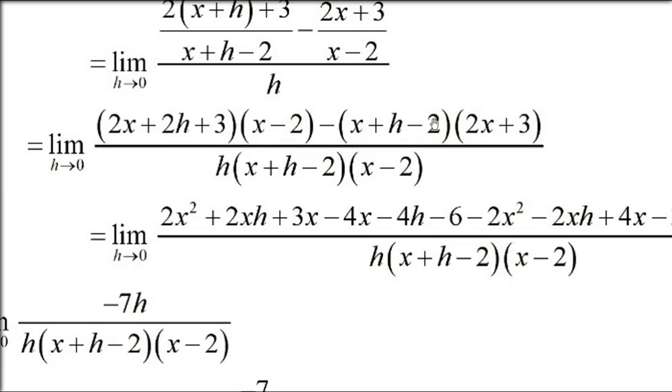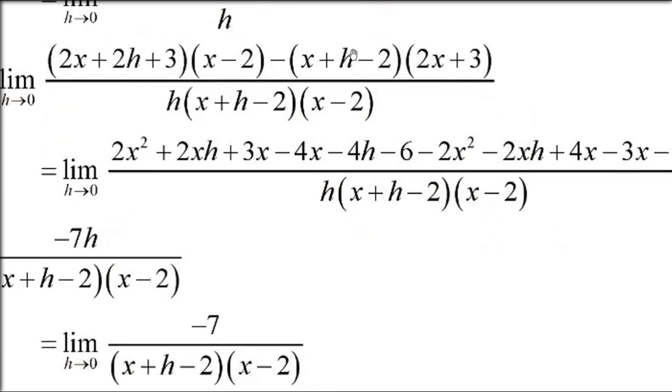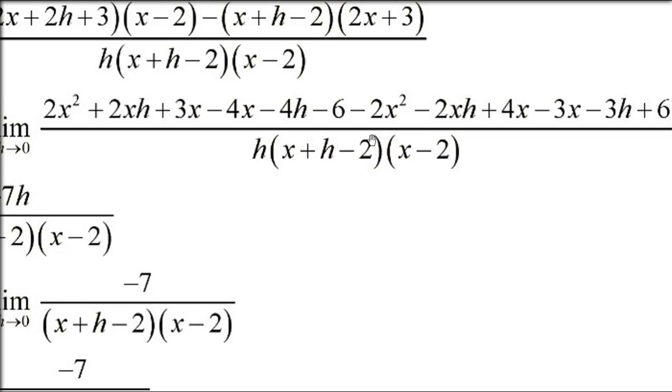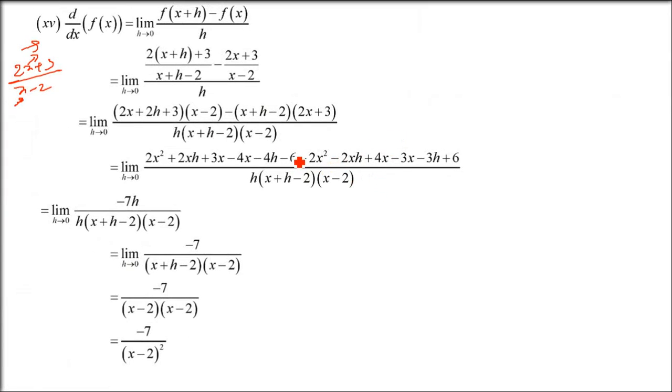Now just open this, multiply, and you see whatever is coming, and you will be happy to know that most of the things get cancelled when you open this. All these terms get cancelled, only minus 4h and minus 3h will give you minus 7h. And what is in the denominator?